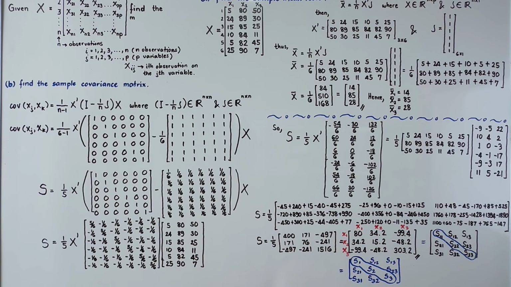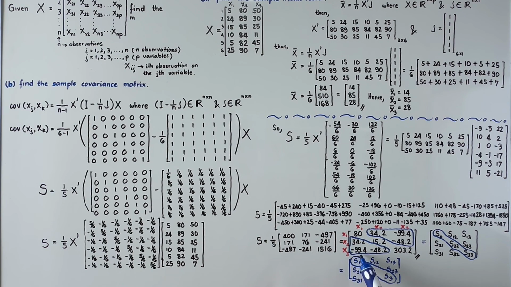And you also notice that the upper diagonal here are just similar to the lower diagonal here of this sample covariance matrix. So this is 34.2. The covariance between the first variable and the second variable is just the same as the covariance between the second variable and the first variable.